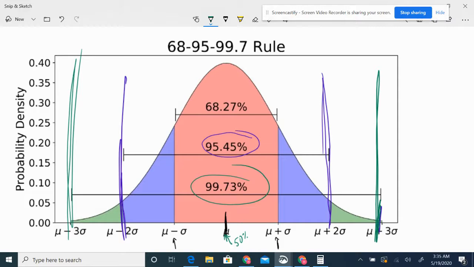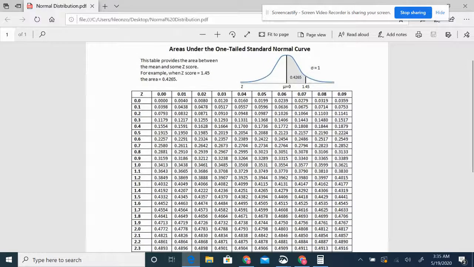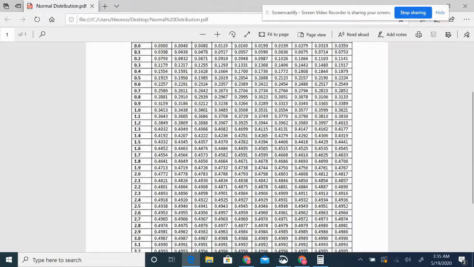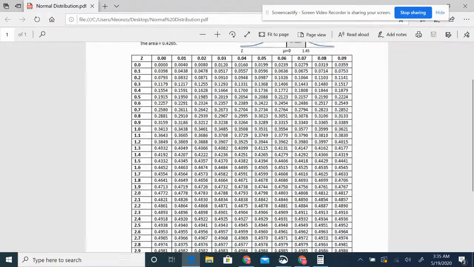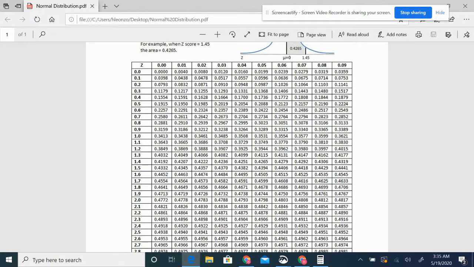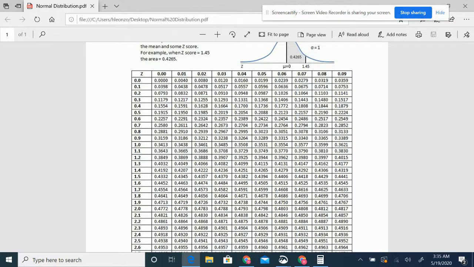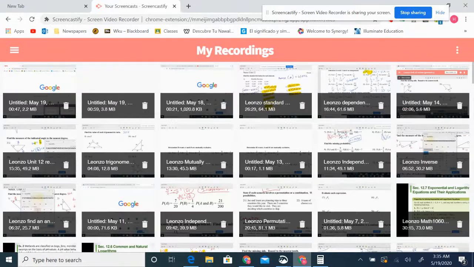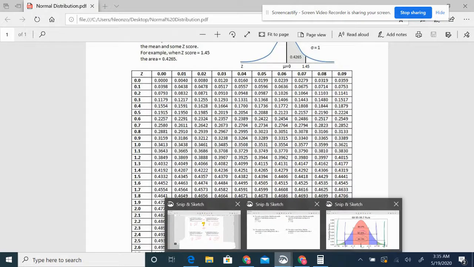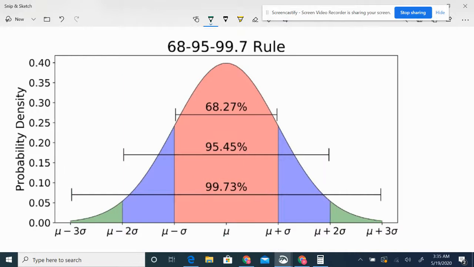The table that I'm going to use is the one that I gave you guys yesterday, which is this one. This is going to give me percentages. This percentage tells me how much I have to add to or subtract from the average. So let's say I add 1 sigma, so it puts me right here.